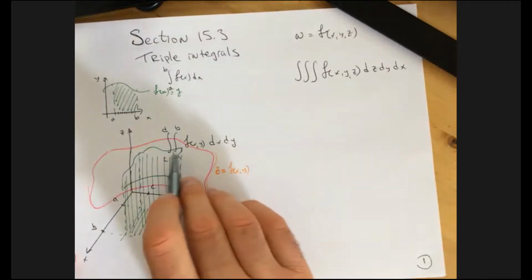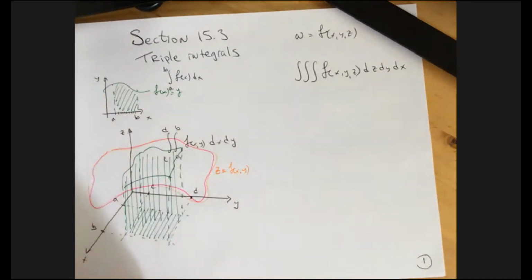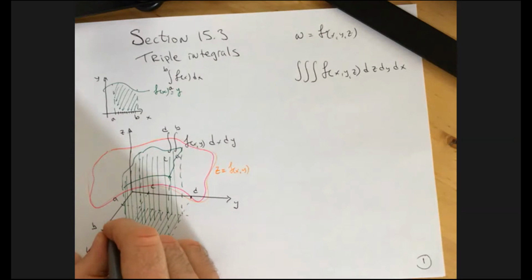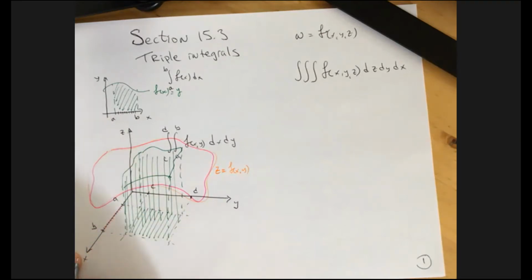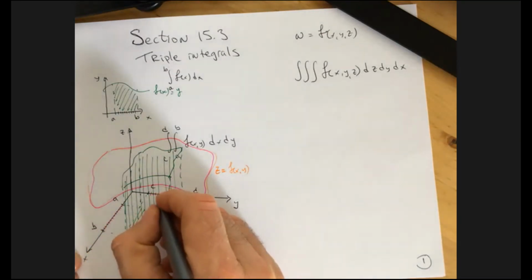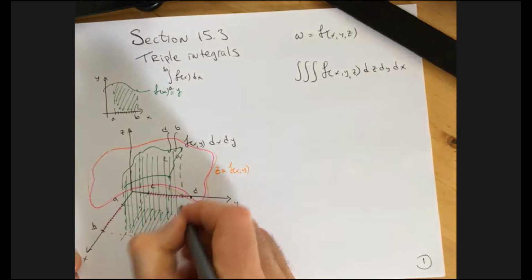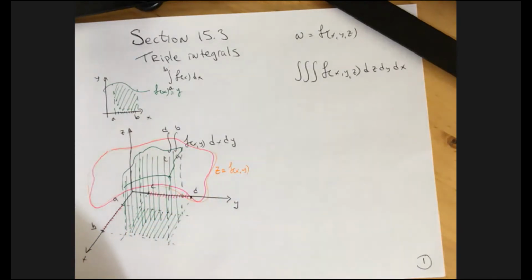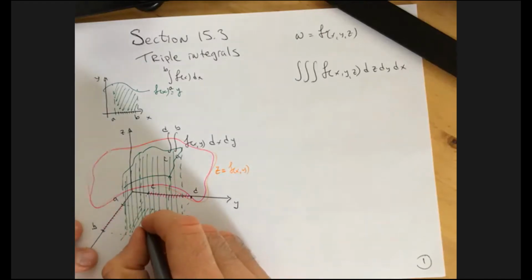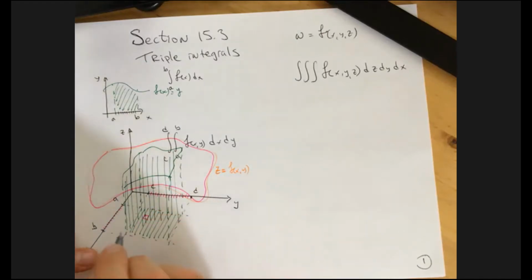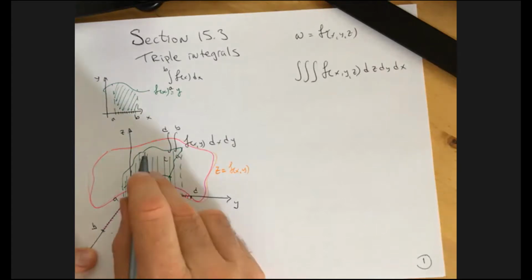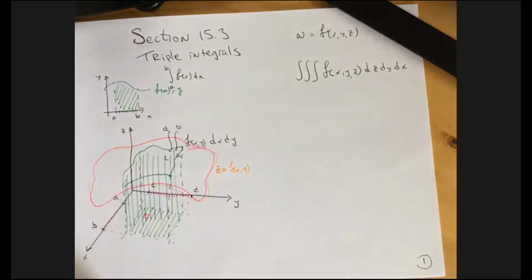In the double integral, how did we do this? I split the interval from a to b into n subintervals, and I split the interval from c to d on the y-axis into m subintervals. That gives me n times m squares in the xy plane, above which I integrate the function.